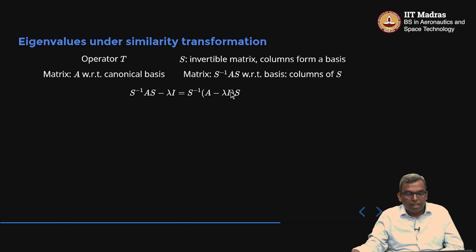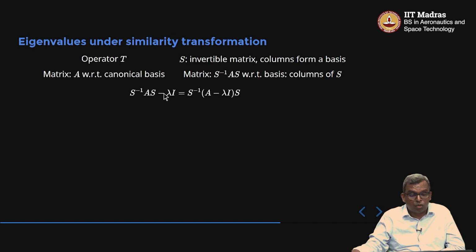Okay, so here is a very interesting connection. Look at this: S inverse AS minus lambda I. Why am I thinking of S inverse AS minus lambda I? Supposing I want to find the eigenvalues of S inverse AS. Okay. Now, if you want to find the eigenvalues of S inverse AS, what should you do? You should look at the matrix S inverse AS minus lambda I, right? Now, notice this interesting factorization. I can write the same matrix as S inverse times A minus lambda I times S.